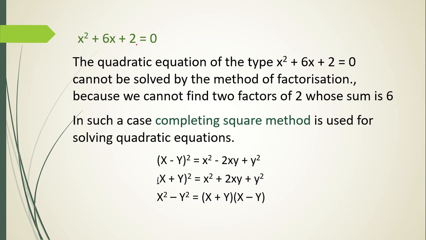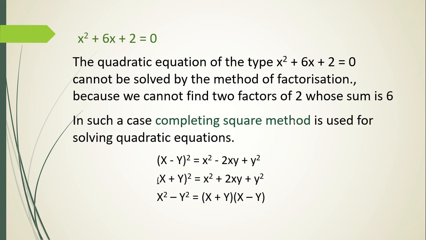I cannot write these three terms in this way. So we will find another term and add here so that we can complete that square. That's why it is named the completing square method. We are going to see that in detail now.